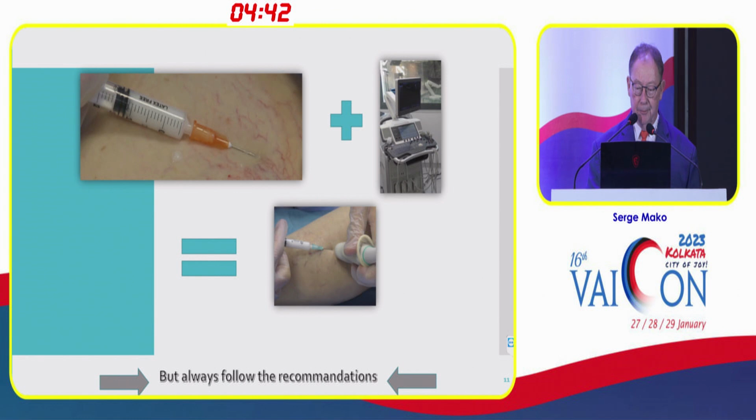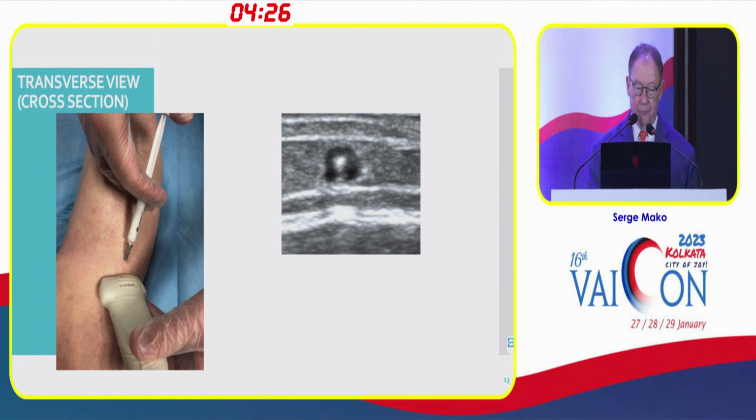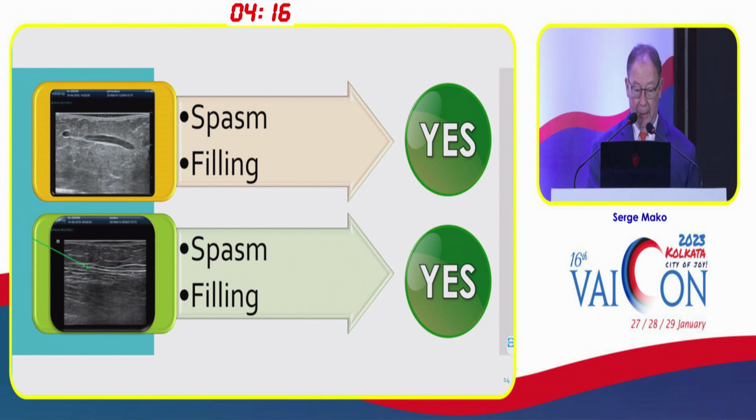Needle, syringe, echo Doppler and duplex, and treatment is a good way for the recommendation. Now you can see the technique, the longitudinal view with the needle and the transverse view for the cross-section. I think it's really a question of the doctor, and both are good. The main point in both cases is the spasm feeling when we have a treatment, to be sure it's not necessary to inject more when we have a spasm.